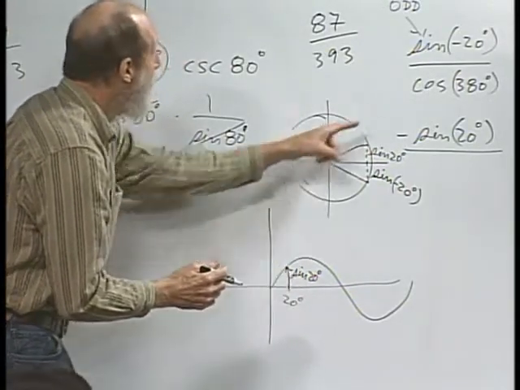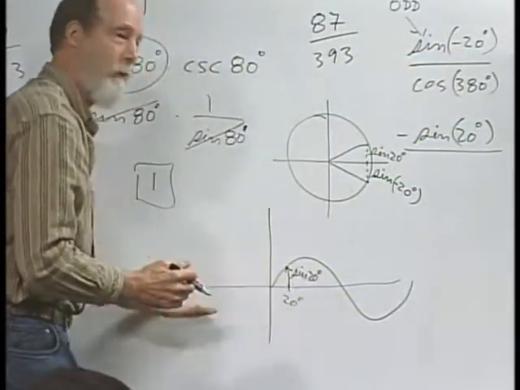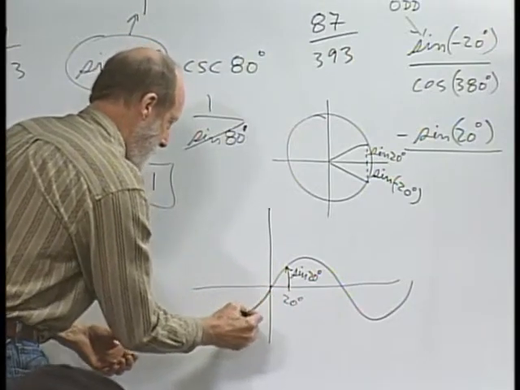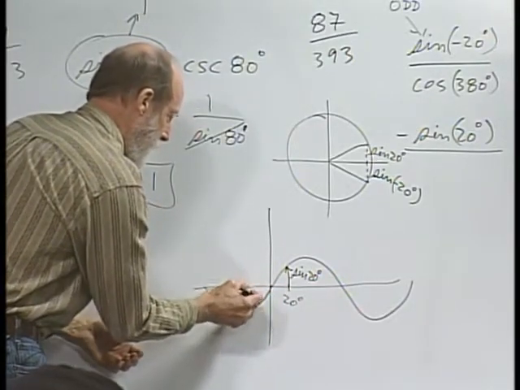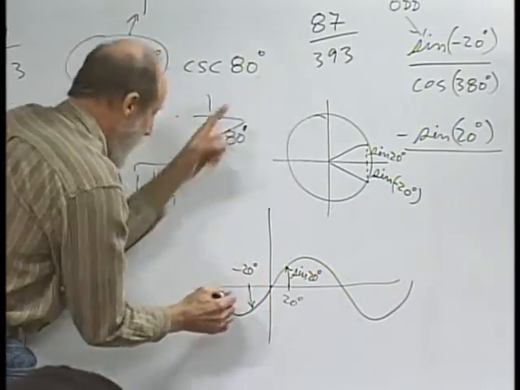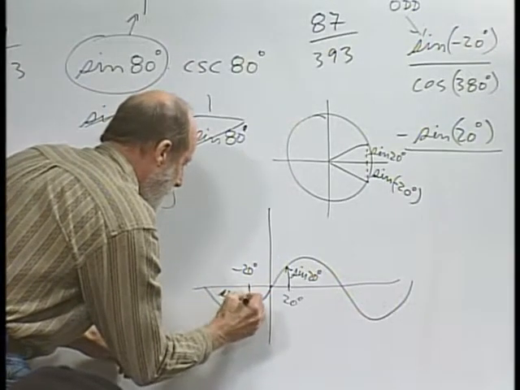The angle we had given in the problem was the sine of negative 20 degrees. Where is that on this picture? It's over here to the left, isn't it? Isn't it over here? And so this is the value of that numerator up there. The sine of negative 20 degrees.